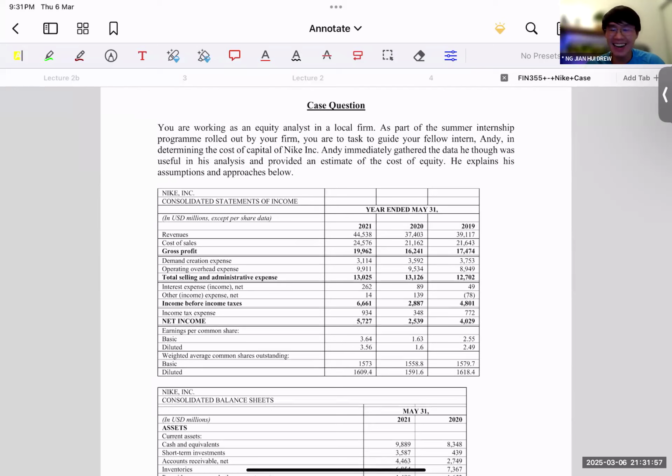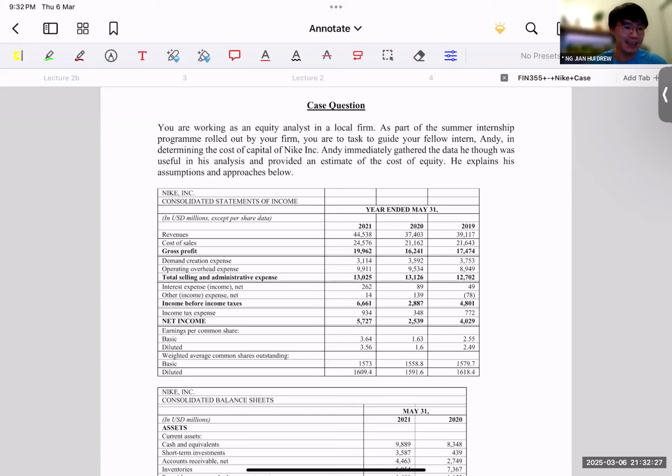No. Okay, big hint, I would say the Nike case is extremely important, even for your GBA and your ECA, because both are quite similar, as we have mentioned a couple of times. So please go through the Nike case. Since we do have time, I want to take the opportunity to go through it, even though it might not be in a lot of detail. I would encourage you to go through it again. So let's look at the Nike case.